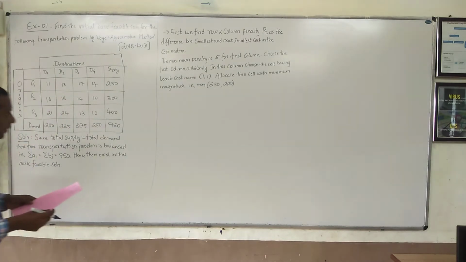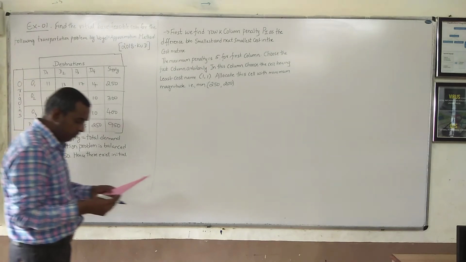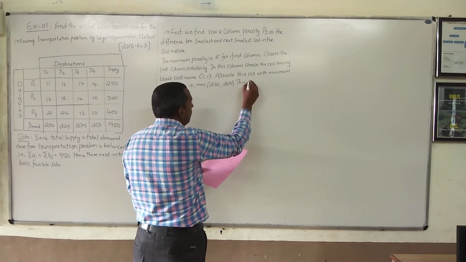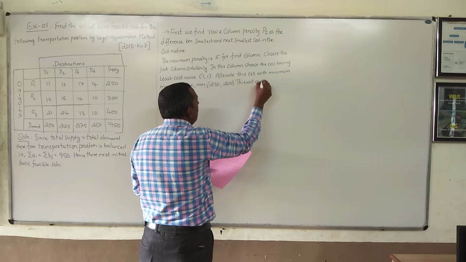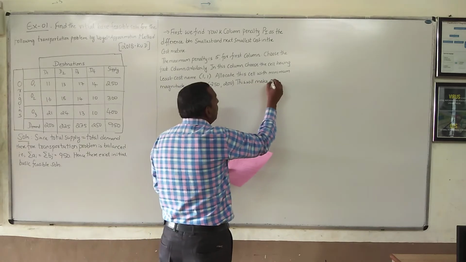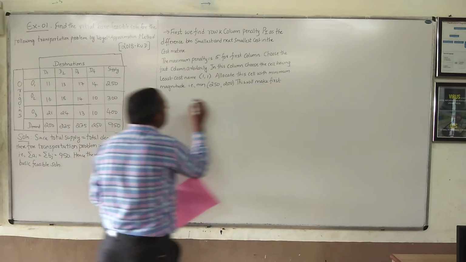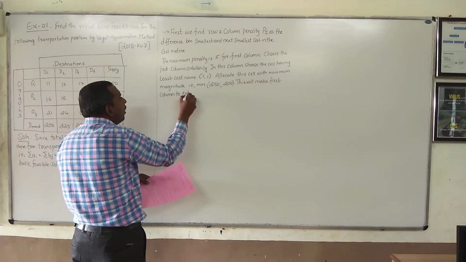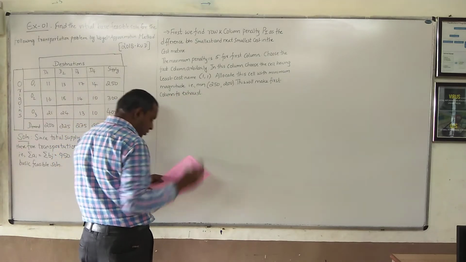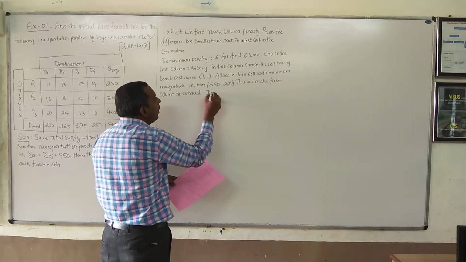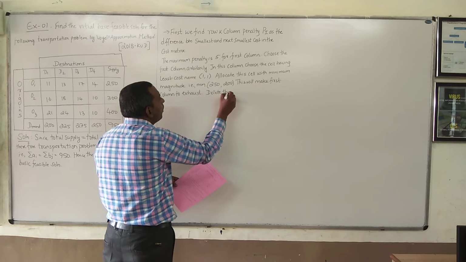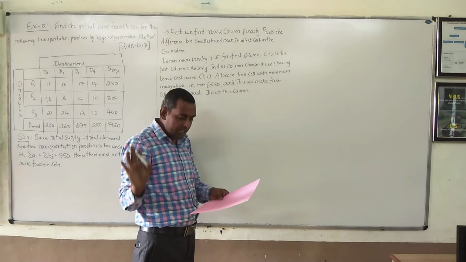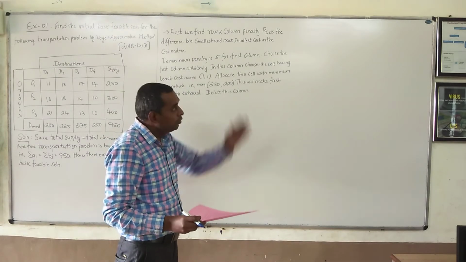Fine, 200. This will make the first column exhaust. Delete this column. So I have said, let me finish the writing work here, then we will solve the problem.